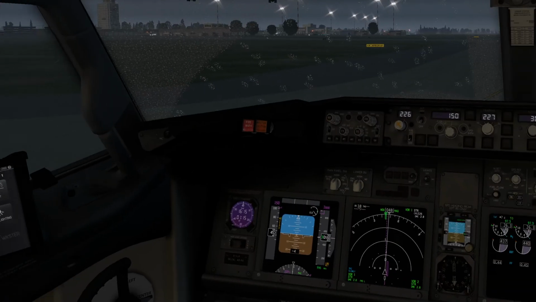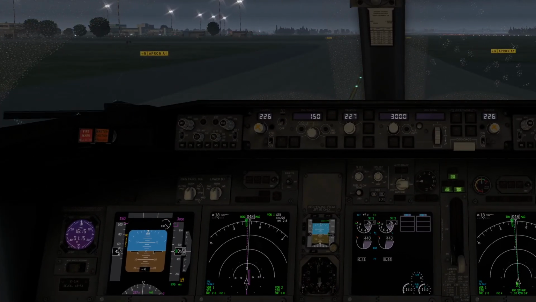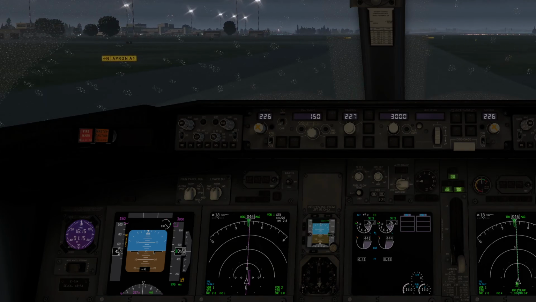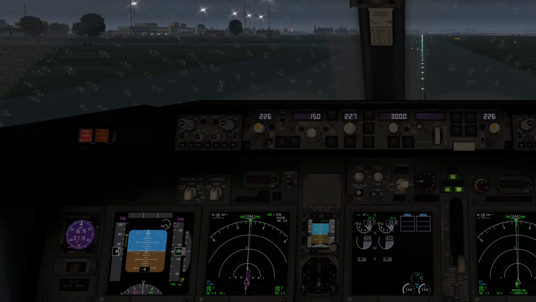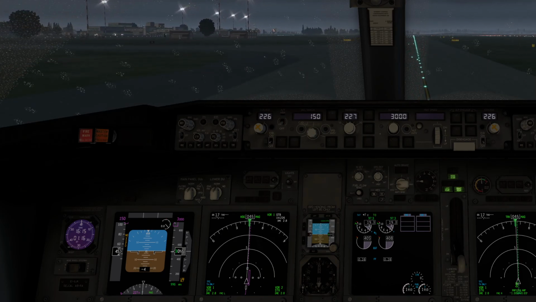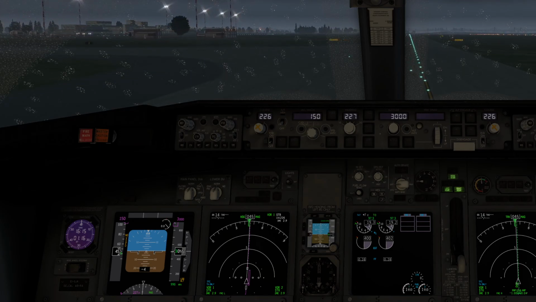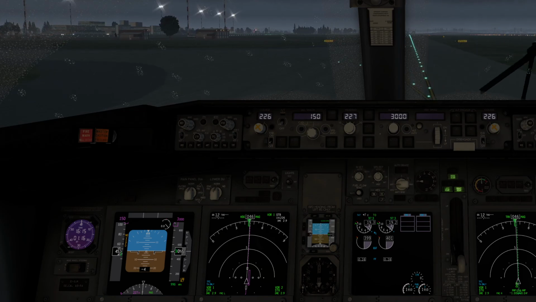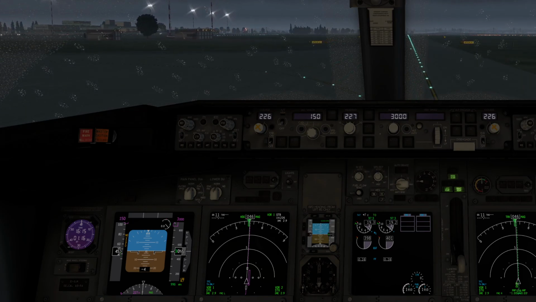It's maintenance probably. Thrust idle. Turning left.